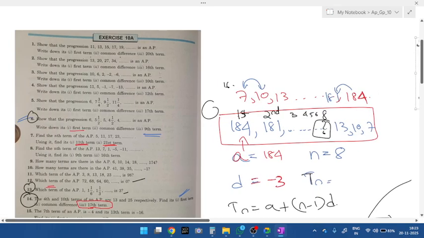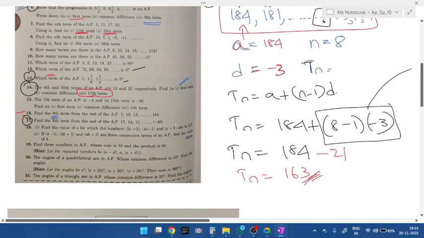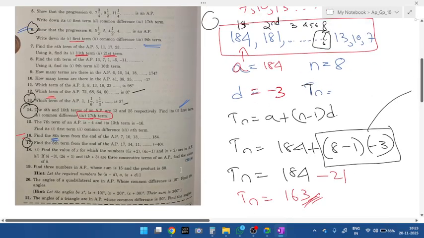Look at this 10A, students. In this 10A, which question is asked for board exam? Which one have they mentioned here? The 18th one? Only the 18th, right? 2018.